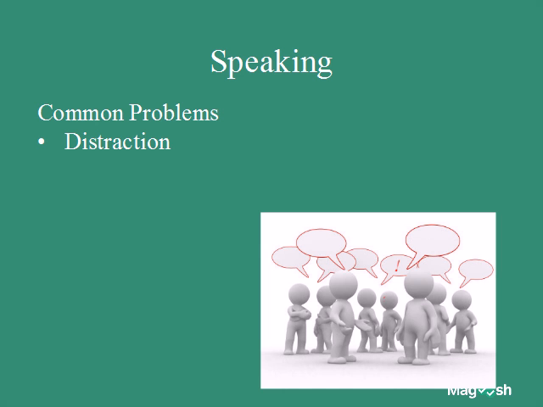Many people make the mistake of trying to summarize everything, which I'll talk about in a minute, but the first thing is distraction. The biggest problem is distraction. This is a really big problem because you're going to be in a room with, say, 20 other people, possibly 10, sometimes 30, and everybody is going to be speaking at the same time.